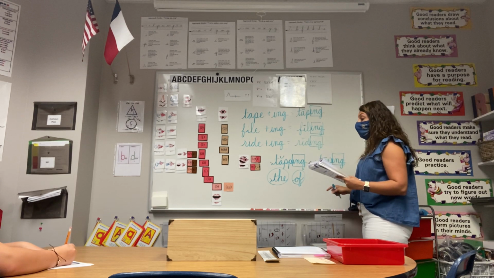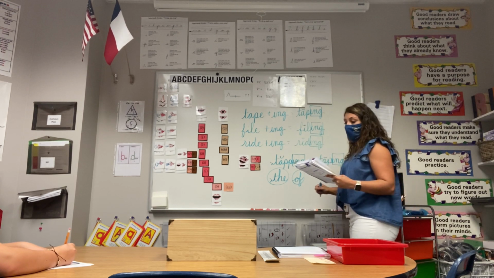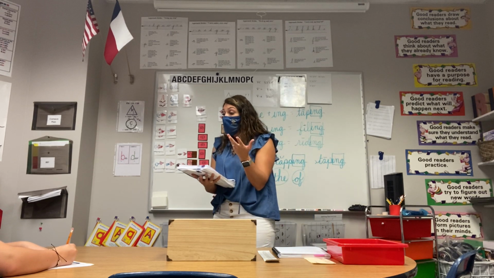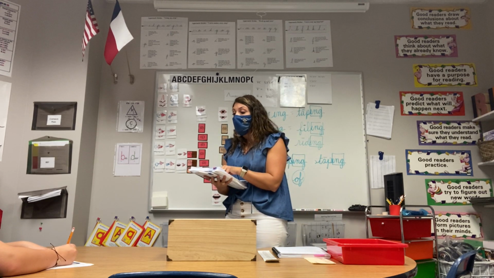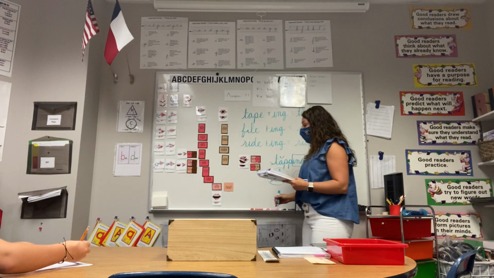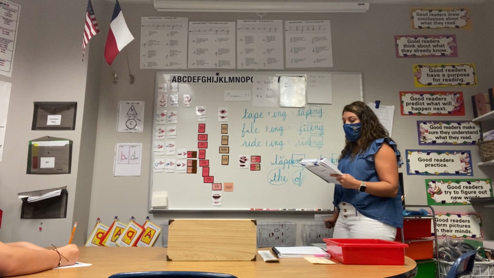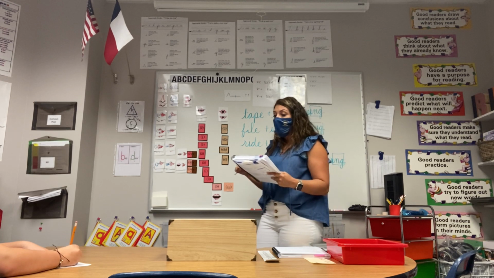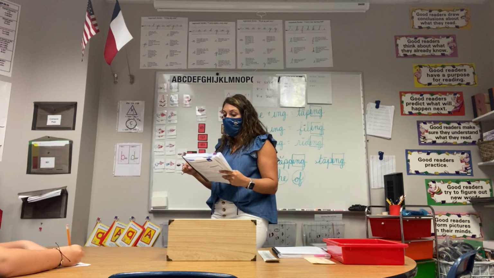So we must have used our dropping rule. So we slash the silent E, we drop the silent E, code our vowel with a macron. Circle our instant word the. A vowel in a closed syllable is short, code it with a breve.